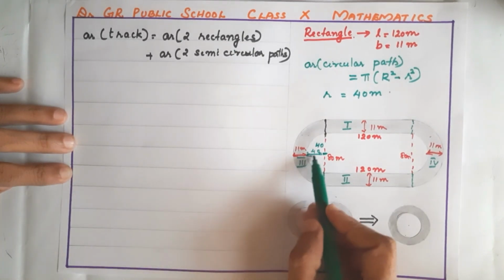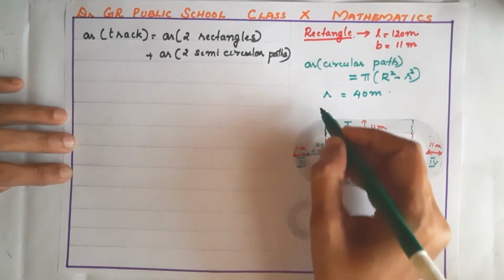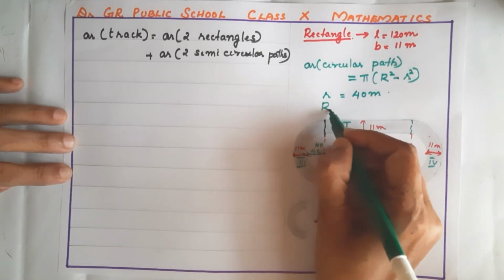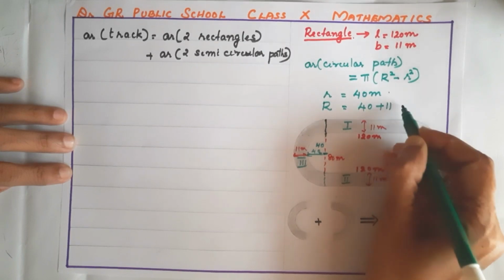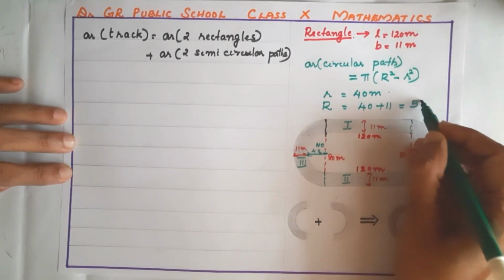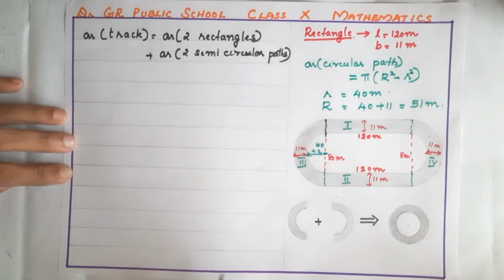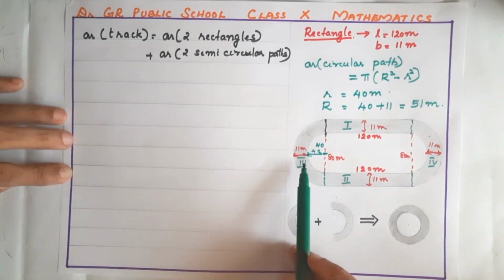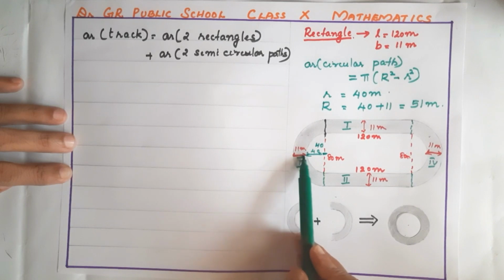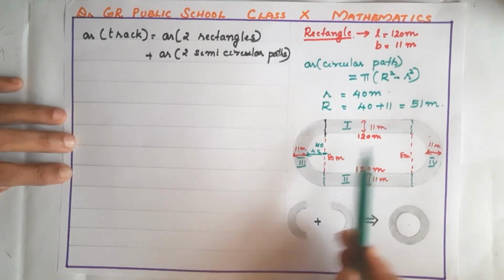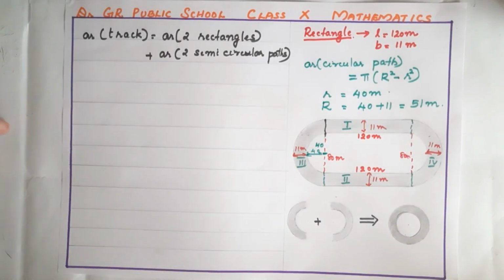Okay, so 40 plus 11. So capital R, radius of outer circle is 40 plus 11. What is it? 51 meter. Okay, did you get? Inner circle radius is 40 plus this width is 11. So 51 meter. Now we can find out the area.